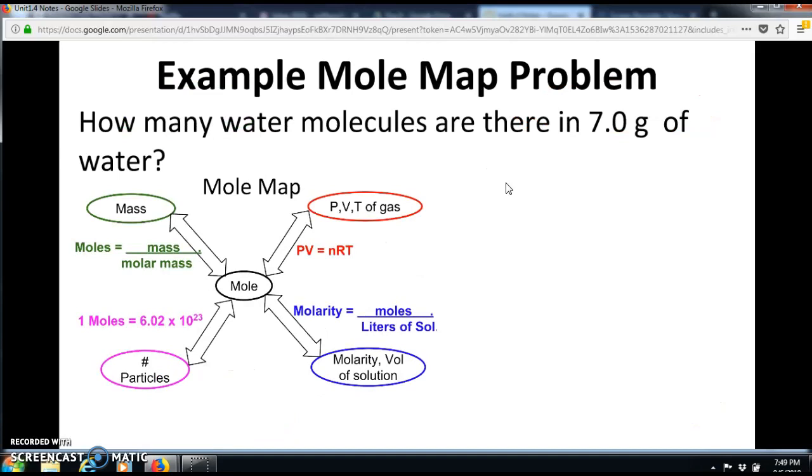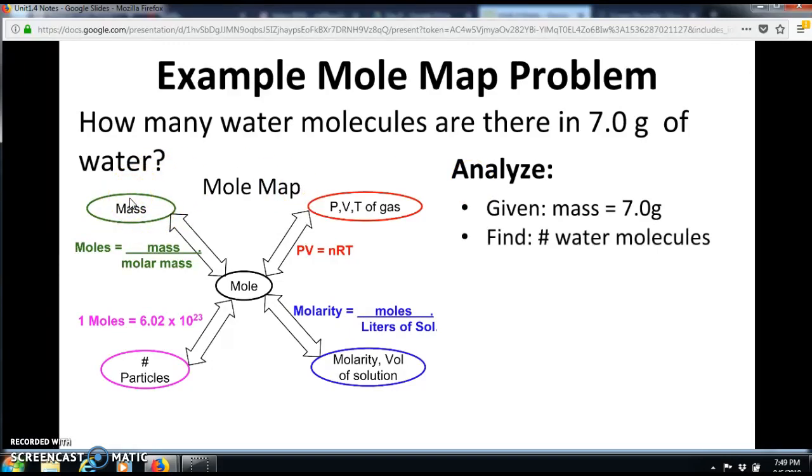So let's just look at a quick example problem just to review what we've seen before. In this example problem, we're asked how many water molecules are there in 7 grams of water. So how do we use a mole map for this? We start by looking at what we're given, which is the 7 grams of water, and grams is a unit for mass. So we're starting over here on the mole map, our mass of water.